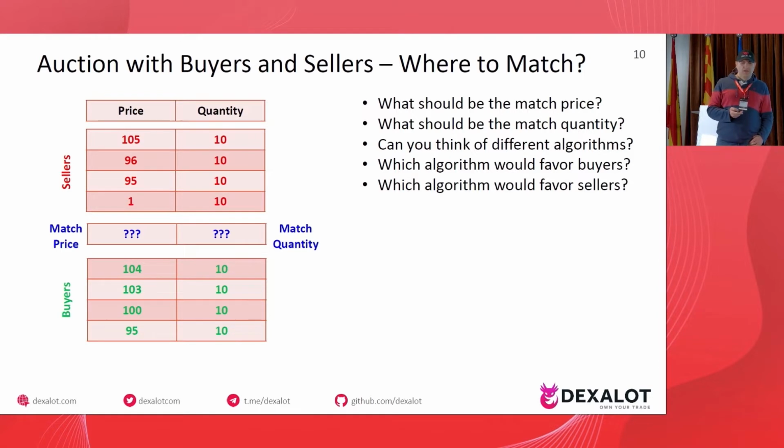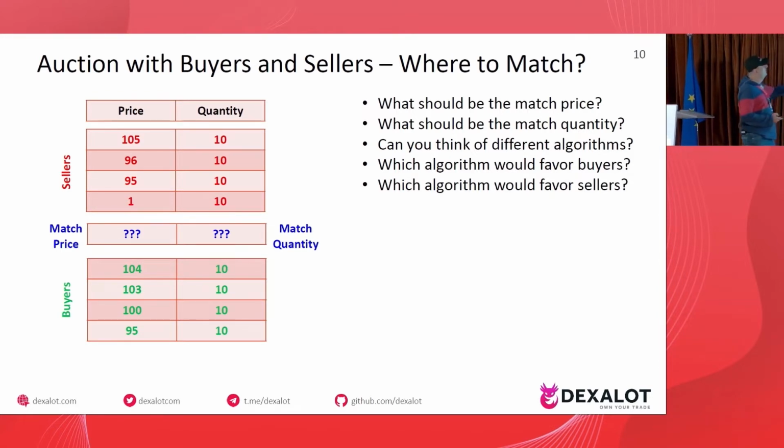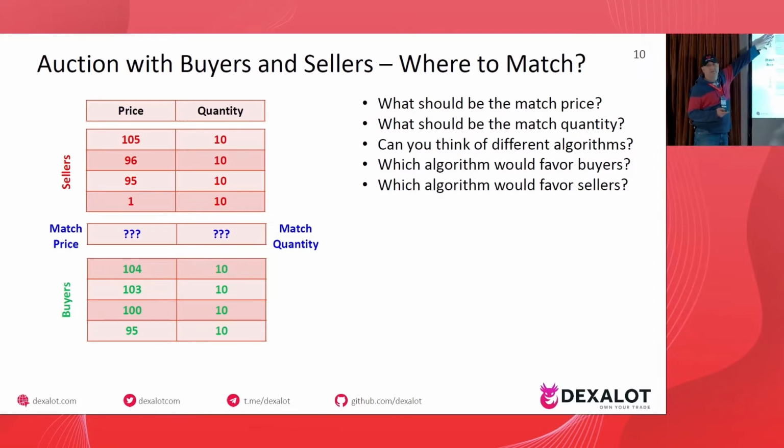So take a look at this one where we have 4 sell orders ordered by their prices, same on the buy side, right? Just take a look at it and see what would be the match price for this, what would be fair.